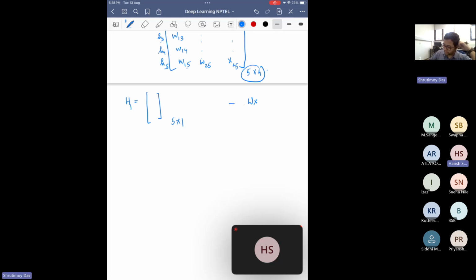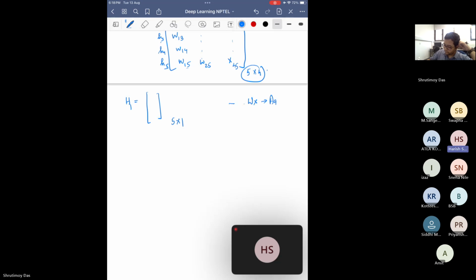This is the aggregation step. And then you have the non-linearity step, right? In non-linearity, you apply some sort of non-linear function on this Wx. So this is your non-linear or activation step.